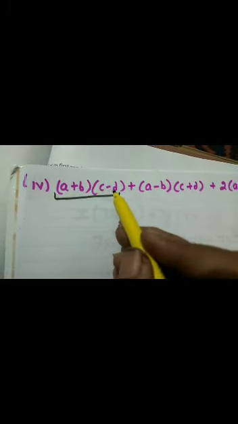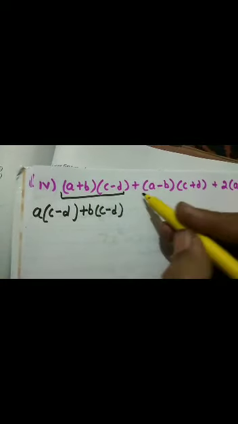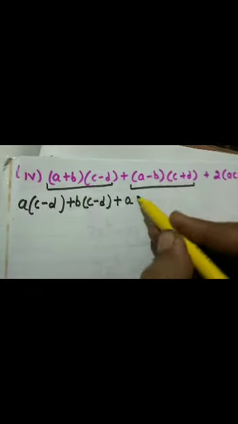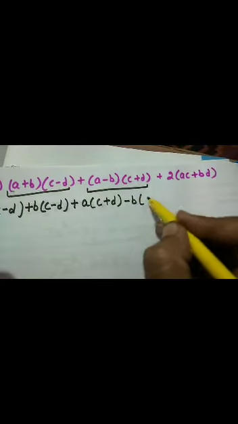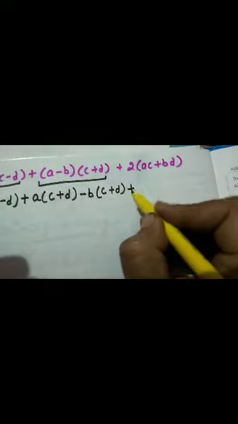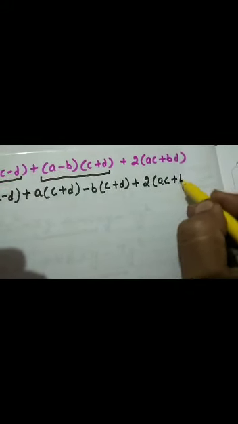Now taking second term, b we have to multiply with c minus d. Now we'll take the second part of this question, plus a we have to multiply with c plus d, minus b we have to multiply with c plus d, plus 2 we have to multiply with ac plus bd.